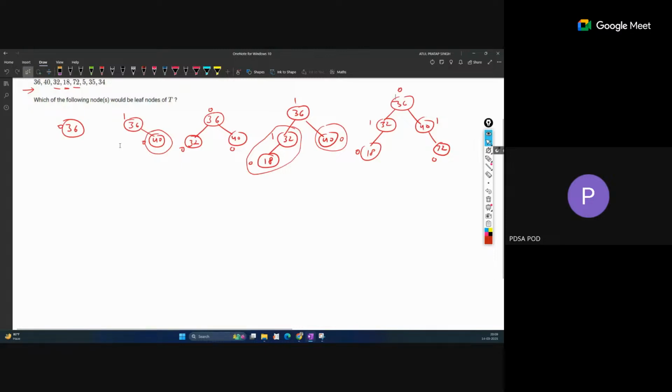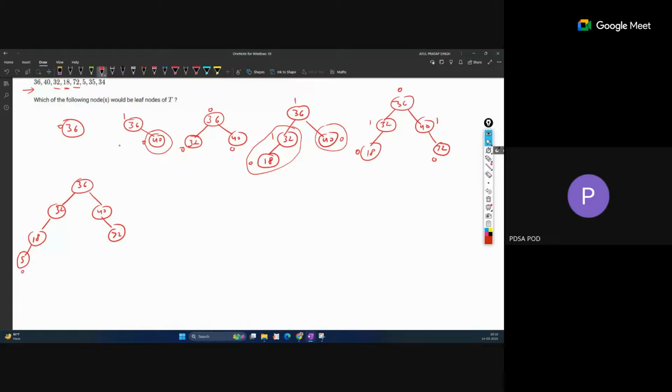Now next is 5. So we will add here 36, 32, 18. Okay, and this 40 and 72. So now 5 is smaller than 36, smaller than 32, smaller than 18. So we will move along this path and it will be added here.